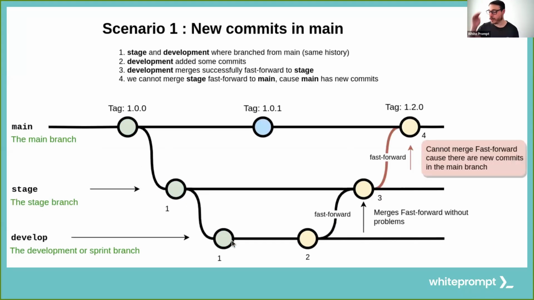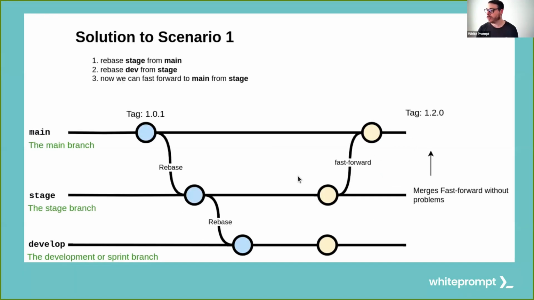What we are doing is rebasing stage from main, and then rebasing dev from stage. This way, stage and dev will get to know this commit, and then after we have done this, we will be able to merge fast forward from stage to main. This will give us a clean Git history in our branches.